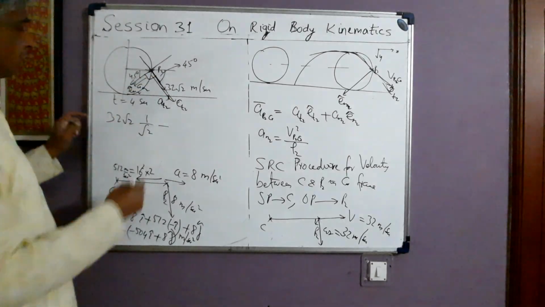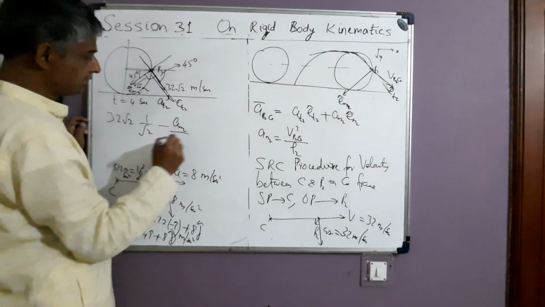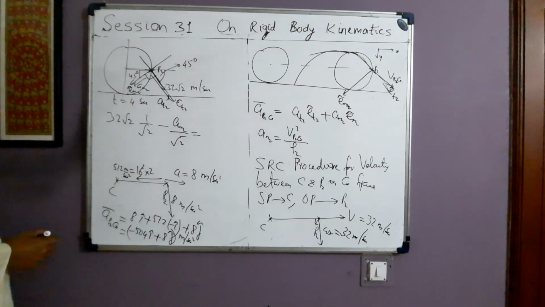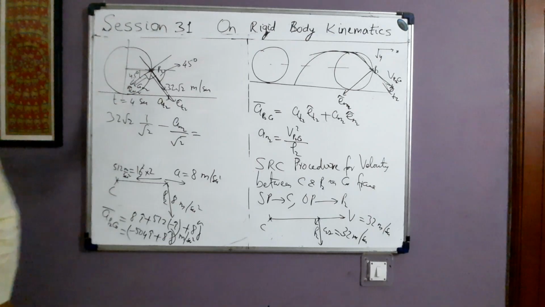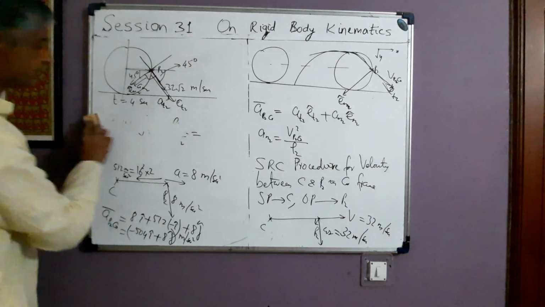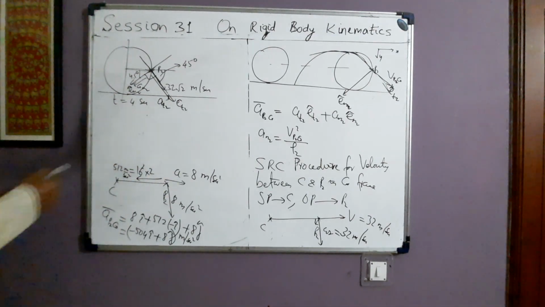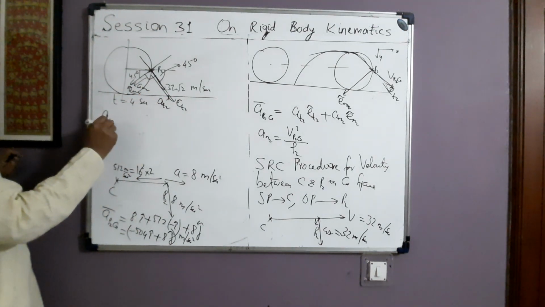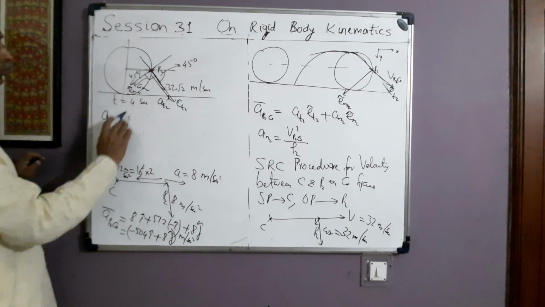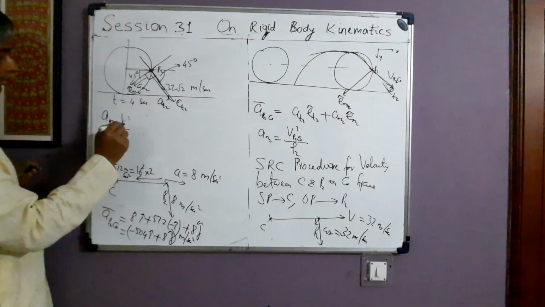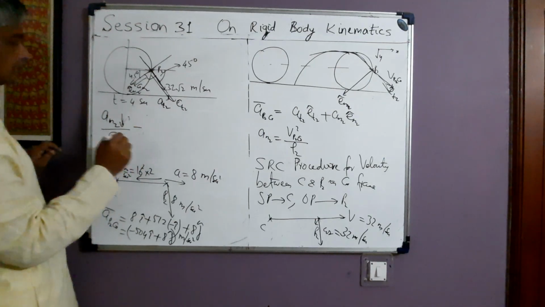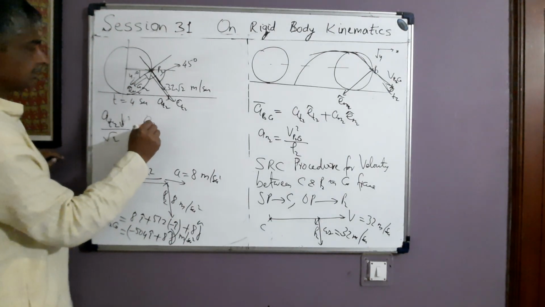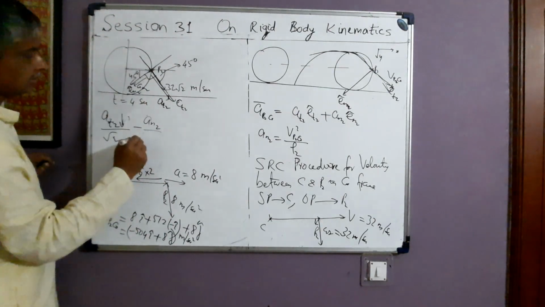So 32 root 2 cos 45 minus AN2 cos 45 degree is equal to AT2 cos 45 degree minus AN2 cos 45 degree.